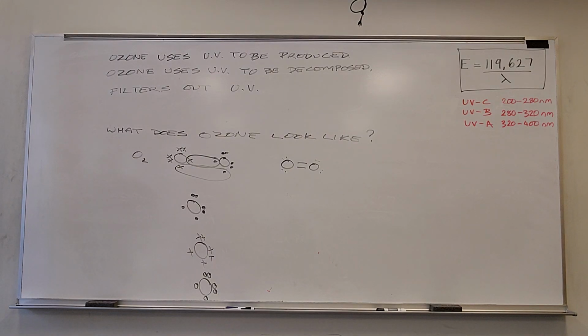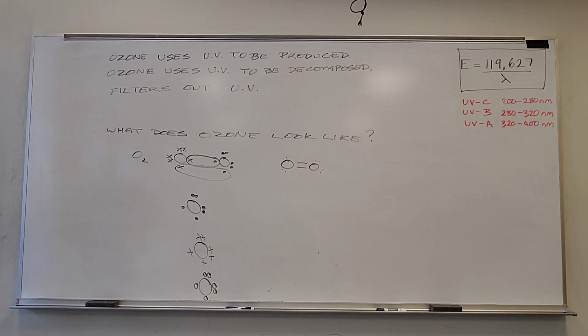Oxygen's in group 6. It has 6 valence electrons. It wants 8 valence electrons. How many covalent bonds does it always make? What's the difference between 8 and 6? It's in group 6. It wants 8. It has 6 electrons. It wants 8 electrons. It needs to make 2 bonds.